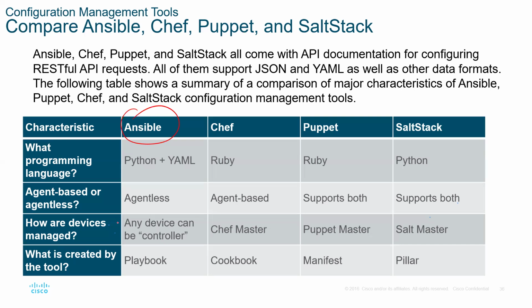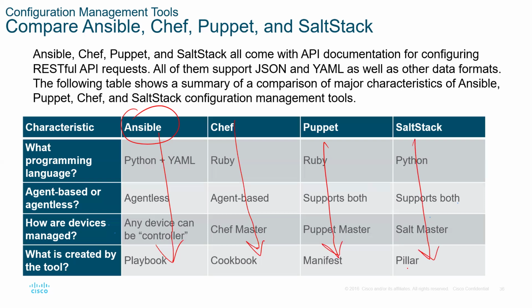How are devices managed? Any device can be controller. In the other ones, we have a Chef Master, Puppet Master, Salt Master. What is created by the tool? Playbook, cookbook, manifest, pillar. Ansible, playbook; Chef, cookbook; Puppet, manifest; SaltStack, pillar.